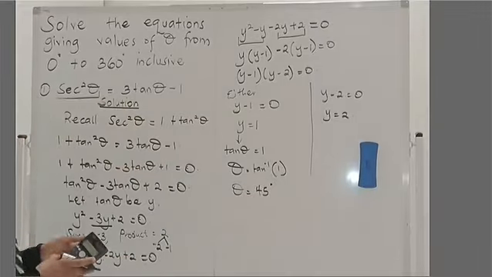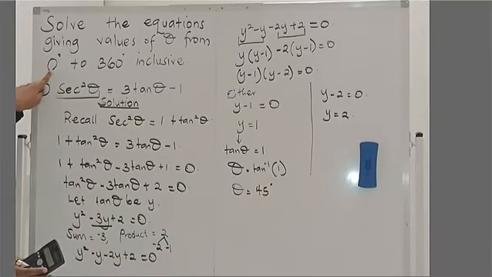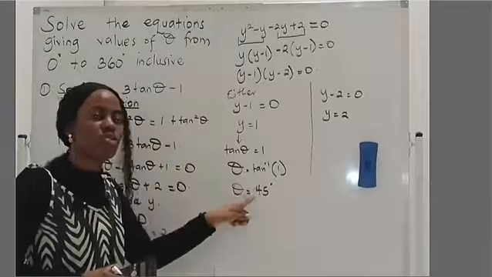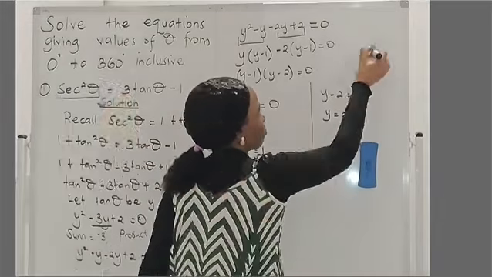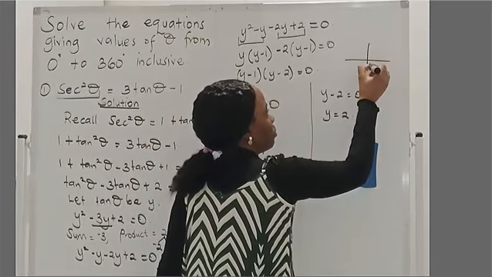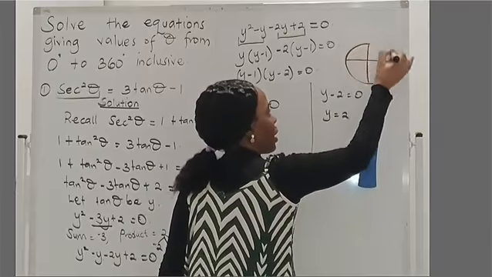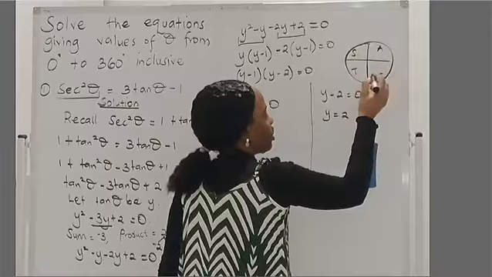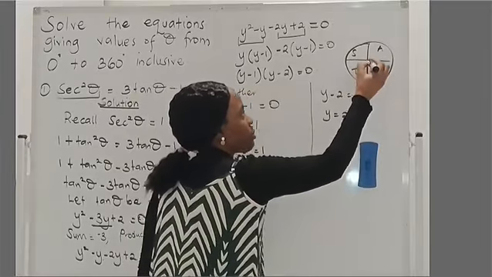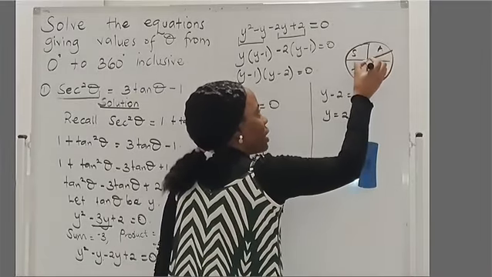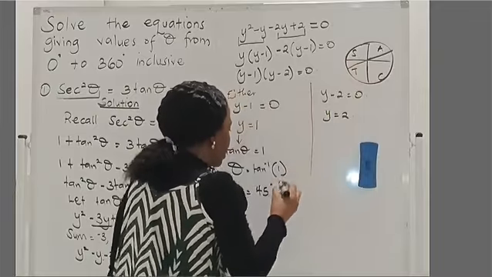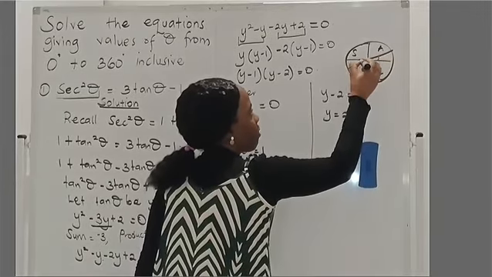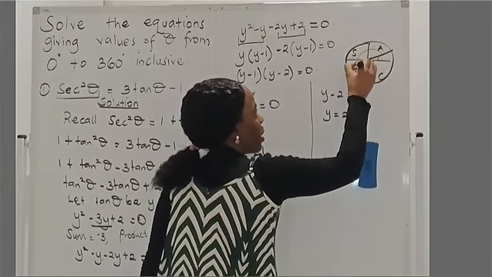But you go back to the question. They want us to find the values of theta ranging from 0 to 360. So where else do we find theta? In our small circle here, where we have all science teachers calculate. Where is tan positive? Tan is positive in the first quadrant and in the third quadrant. So if I have 45 here, it means that I will have another angle that comes from here, runs up to there.